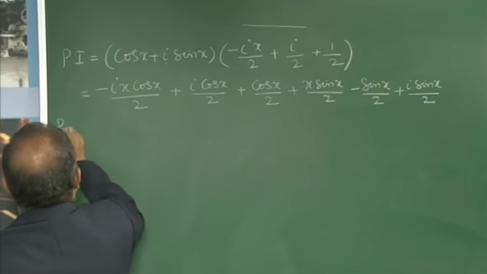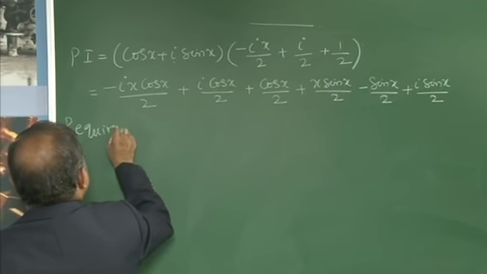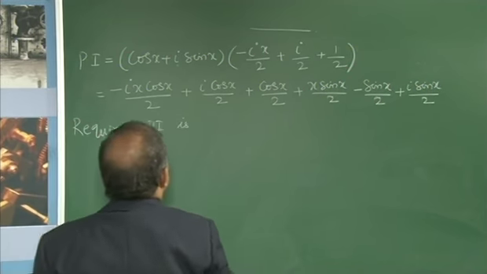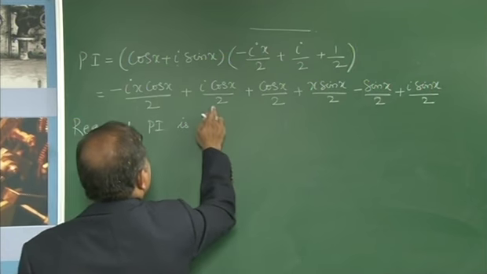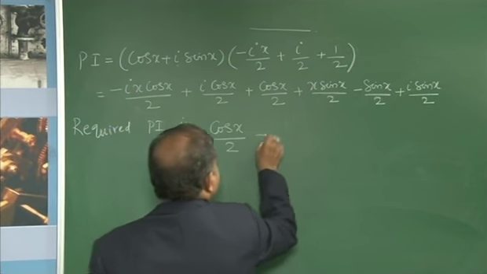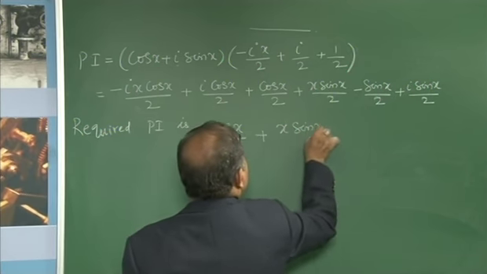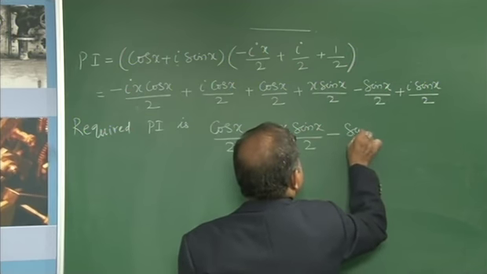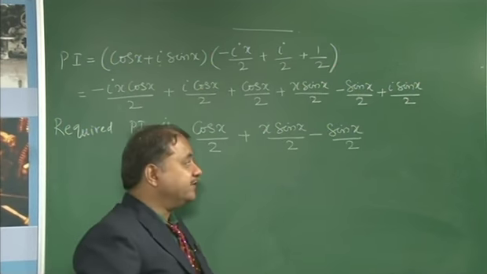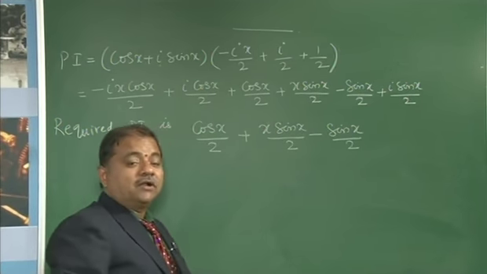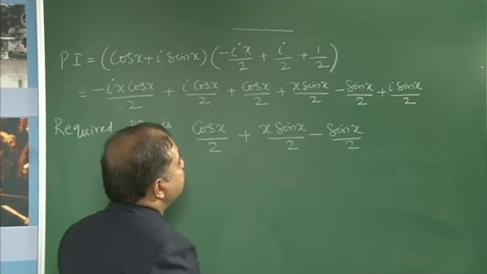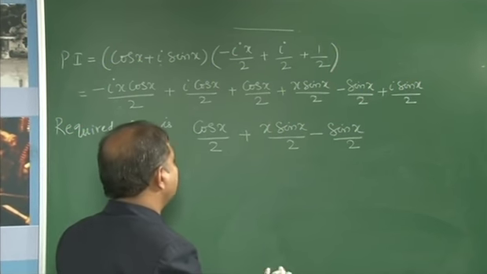So, required pi is, what is the required pi? This is imaginary, leave it, this is imaginary, leave it, this is real. So, cos x by 2 plus x sin x by 2 minus sin x by 2, last term is also imaginary, we can leave it, correct. Cos x by 2 plus x sin x by 2 minus sin x by 2. All these are imaginary, real one.